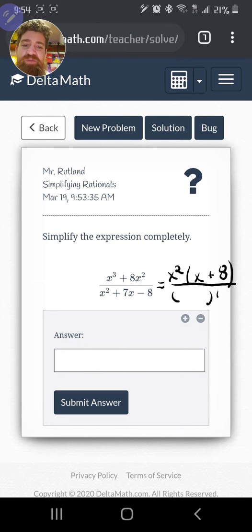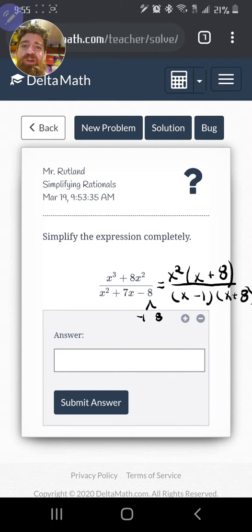It's going to break down into two groups. The first part of each group is going to be x, and then the last term in each group will be two numbers that multiply to give us negative 8 but also add up to a positive 7. Multiply for negative 8, add to positive 7: negative 1 and positive 8. So we put a minus 1 and a plus 8, and that completes the factoring.